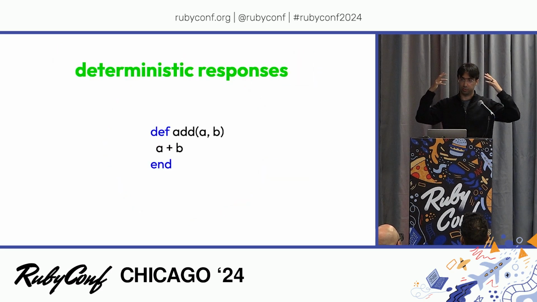It's just a mental model, right? We're just imagining that that's the outside, and then we have our code on the inside. And then deterministic responses in code, the simplest example is this, right? An add function. Takes in 2 arguments. You give it 1 and 1, it's always going to give 2.